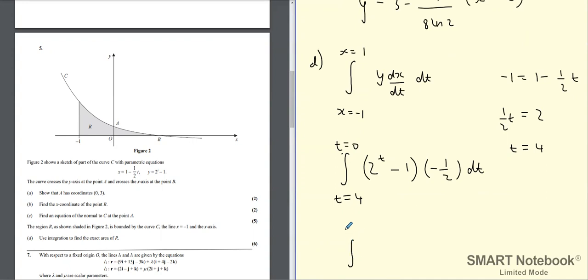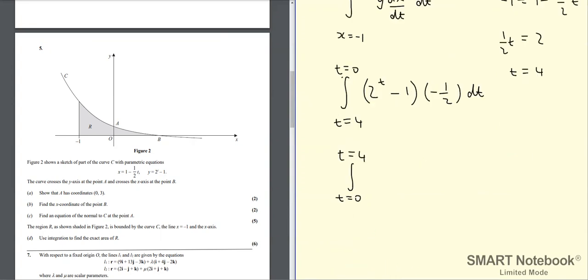So we need to put them the right way around. And in doing so, we need to multiply our integral by minus 1. If I multiply the integral by minus 1, it's the same as changing this negative a half to positive a half. So I'm going to say half times 2 to the t minus 1 dt.